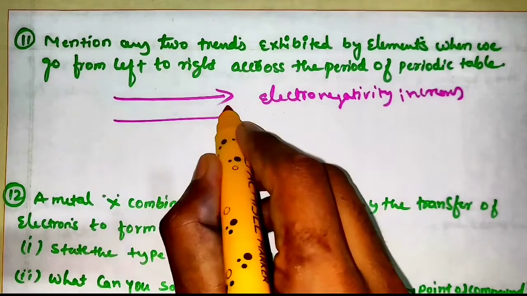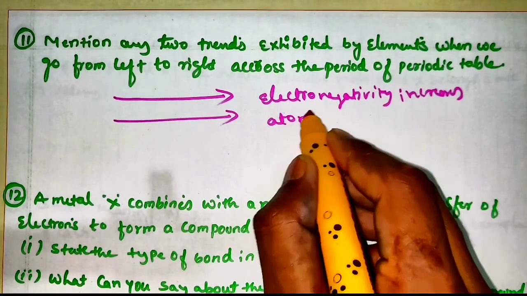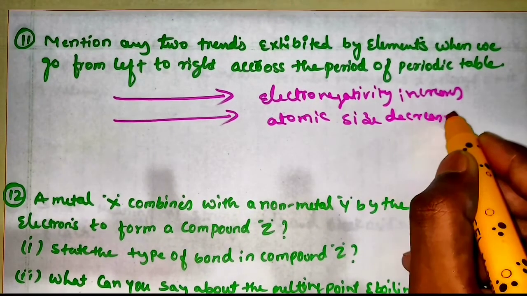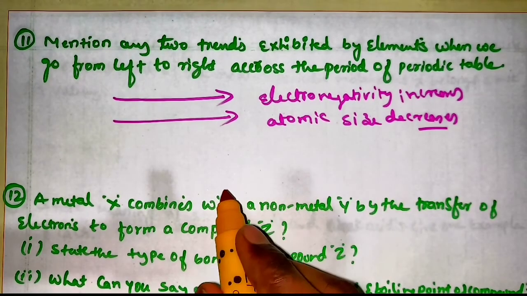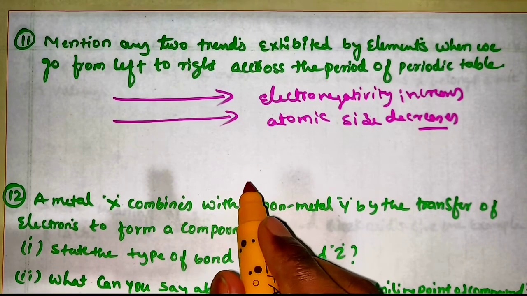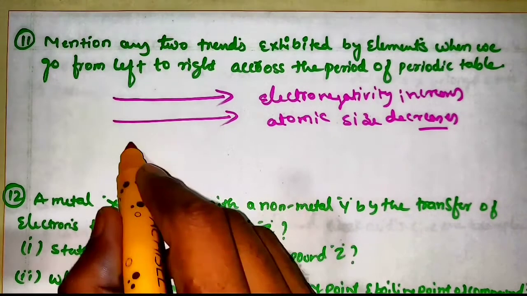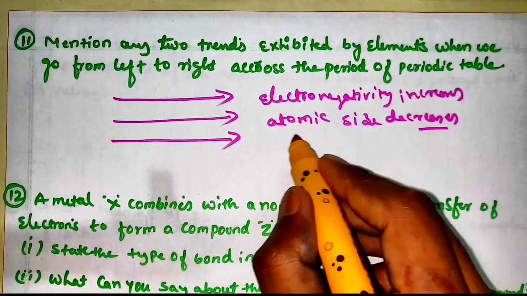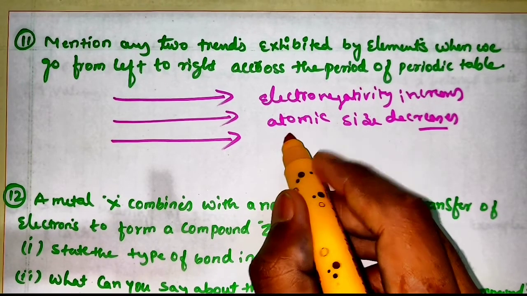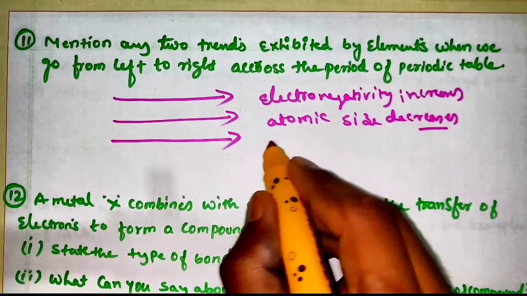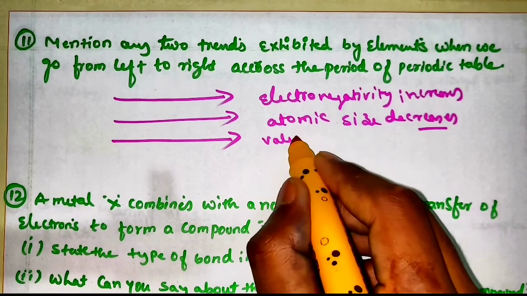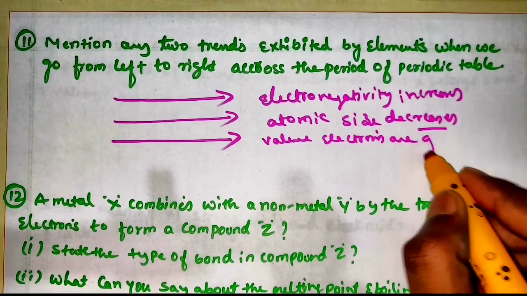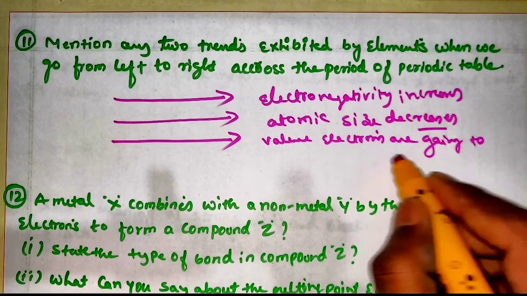And moving left to right, atomic size decreases, due to the increasing effective nuclear charge. The capacity to lose an electron decreases. And also, moving left to right, valence electrons increase.